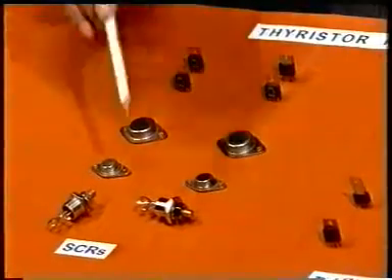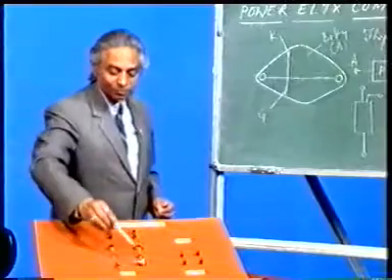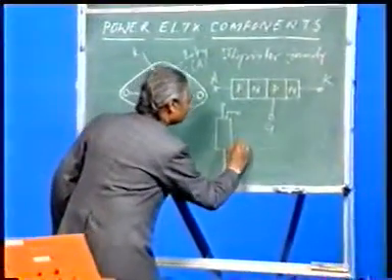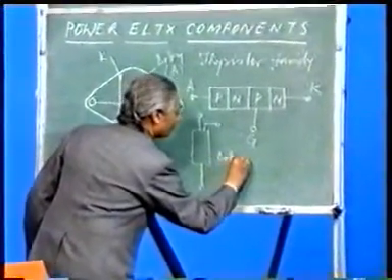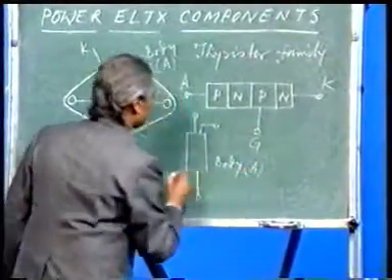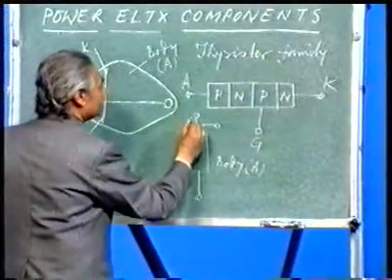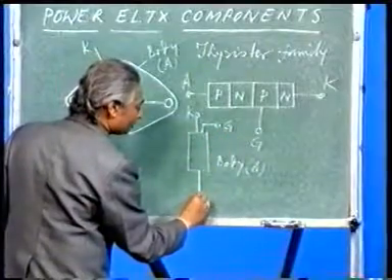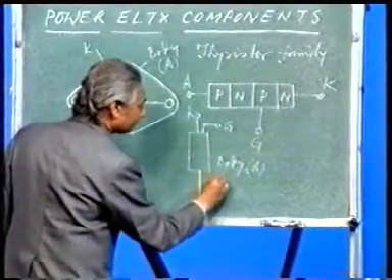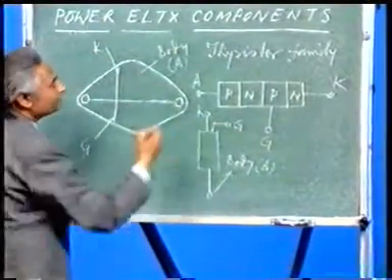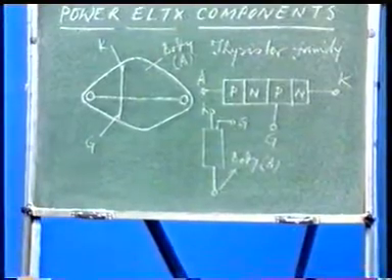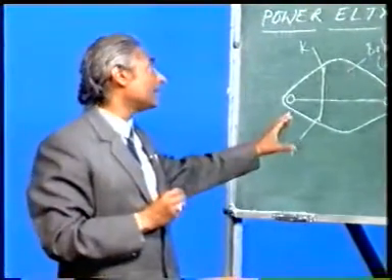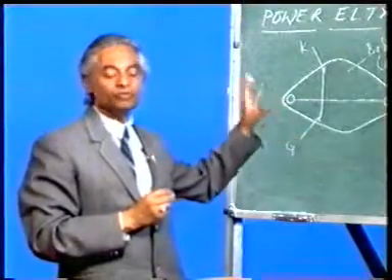The other terminal, this one, is cathode, and the smaller terminal is gate. Suppose this is the body, so this is anode, this is cathode, and this is gate. So in metal pack SCRs, you can always find out which is anode, which is cathode, which is gate.